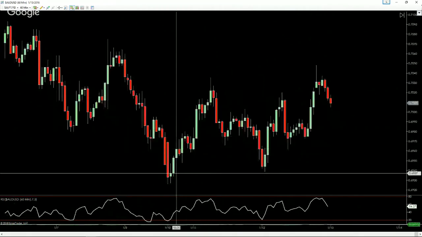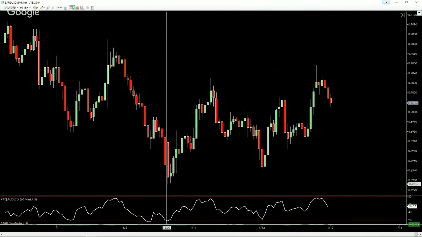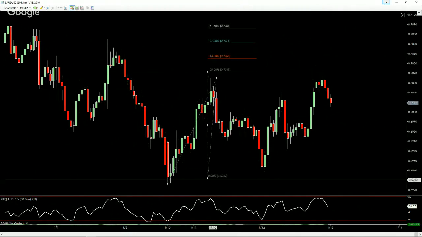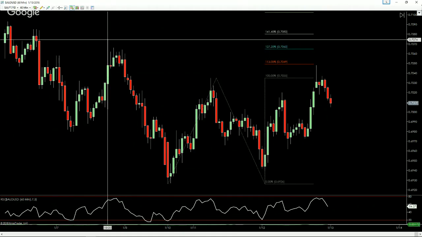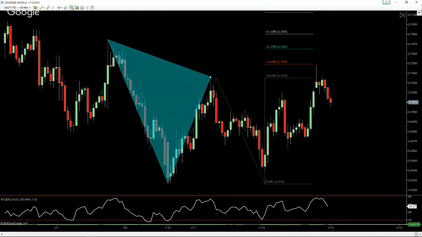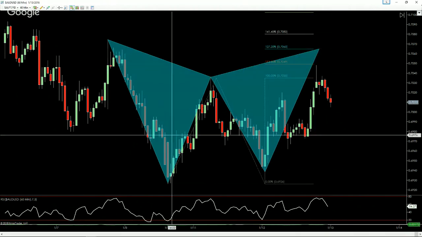All right, so the 60, this is our Gartley. Let me just redraw that. A and B, C and C to the 127.